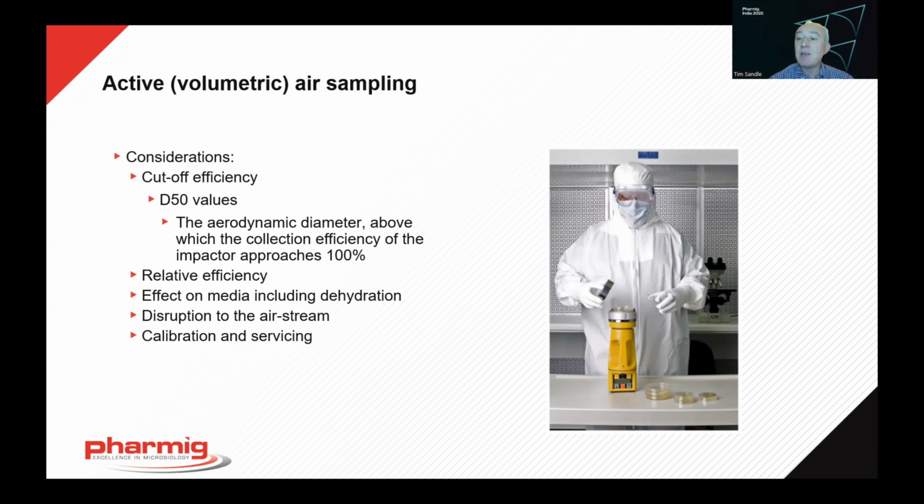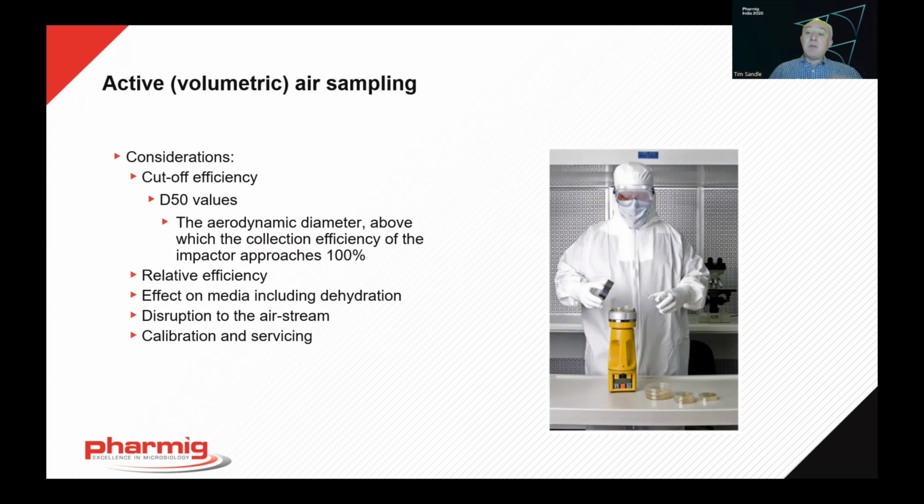It then follows that as particles become larger, our ability to detect those particles increases. Therefore, when we're comparing two different types of air sampler, the one with the smallest D50 particle size is the better model to go to. So, for example, an air sampler which claims a D50 of 2 micron is a better air sampler than one that claims a D50 of 5 micron.